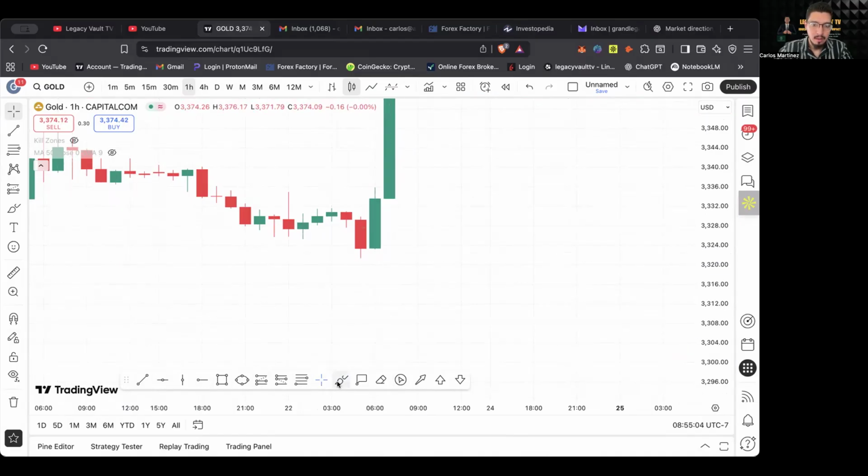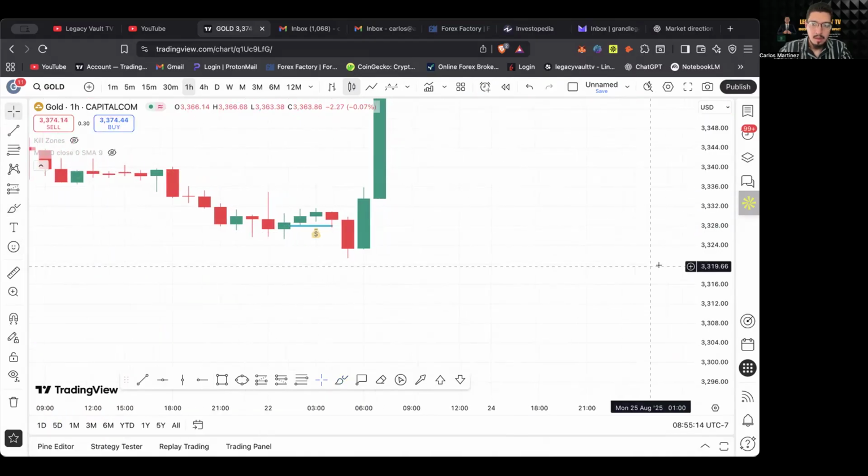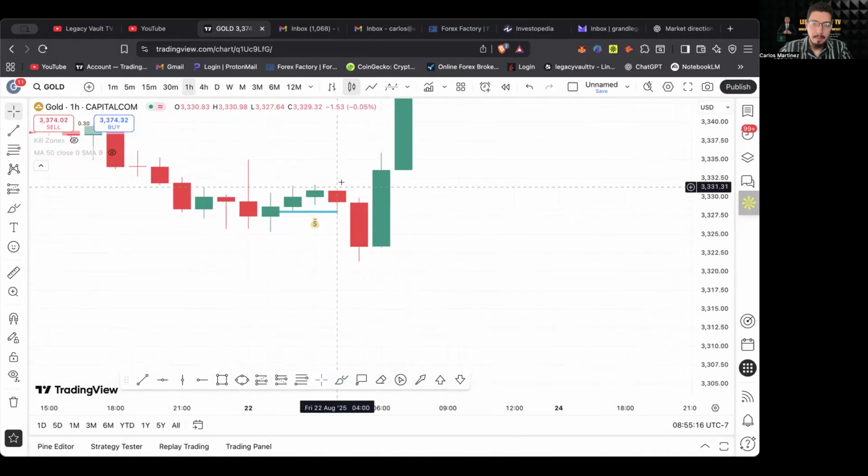We see here, this was liquidity here. And price pushed downward to liquidate these sellers and buyers, right? These orders.